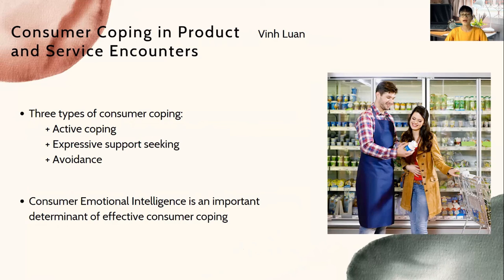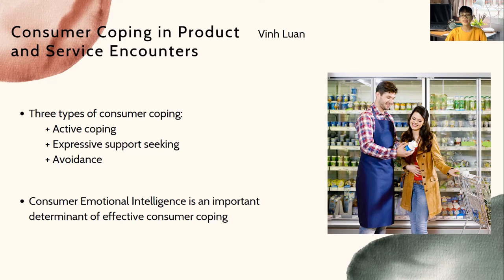There are three types of coping: active coping, when consumers think of ways to solve the problem and avoid rash behavior; expressive support seeking, when consumers seek emotional and problem assistance from others; and avoidance, when consumers avoid the retailer mentally and physically.